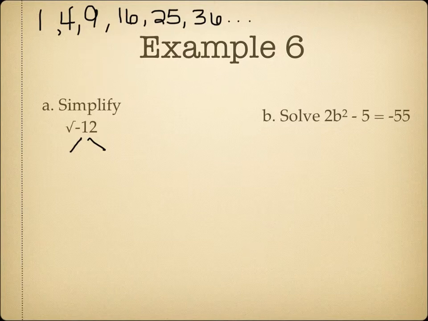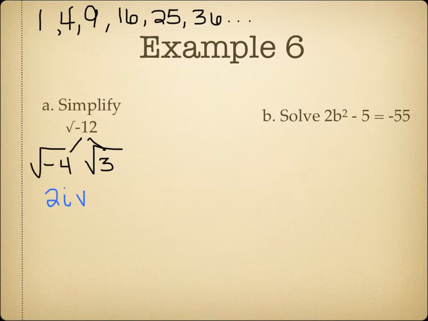3 times 4. I could say that the square root of negative 12 is really equal to the square root of negative 4 times the square root of 3. Does that make sense? I could break 12 down into 4 and 3. Now, what's the square root of negative 4? 2i.